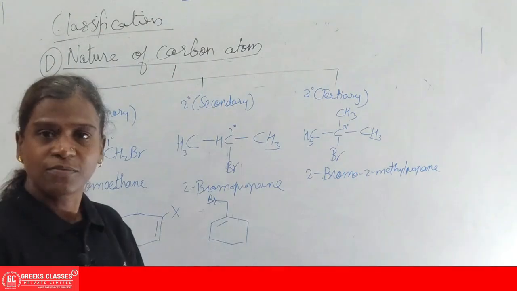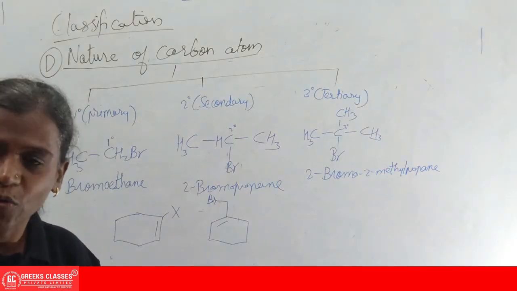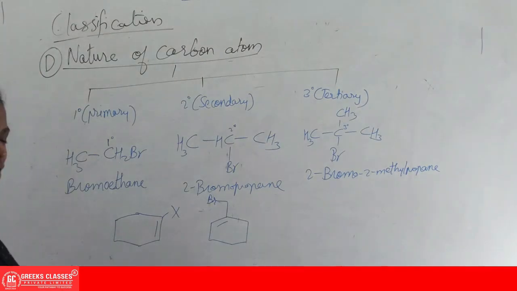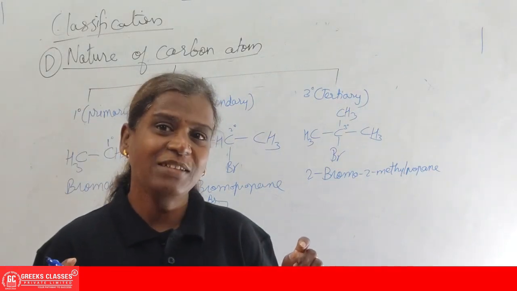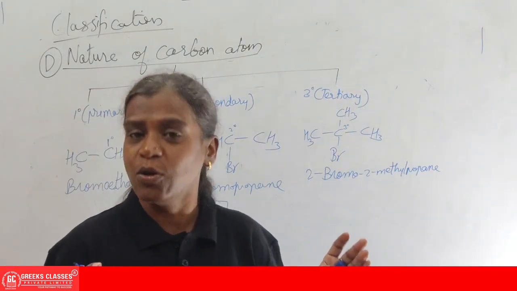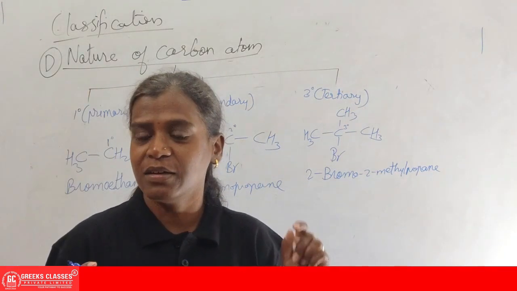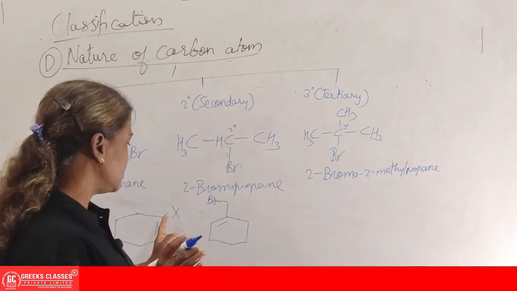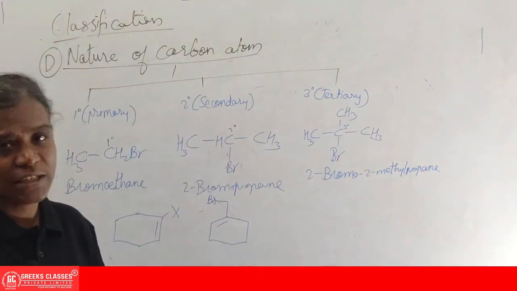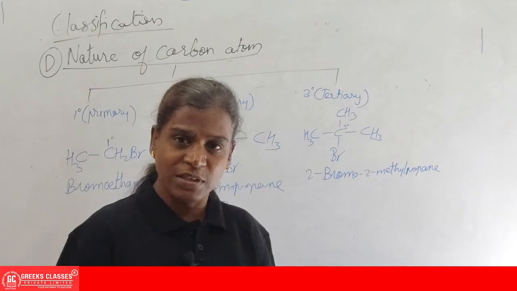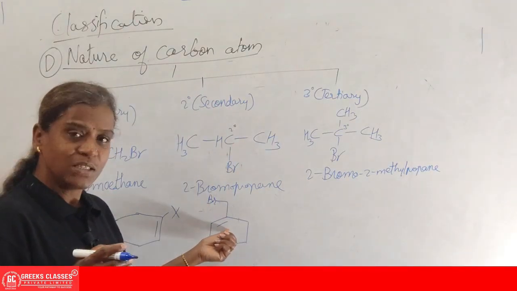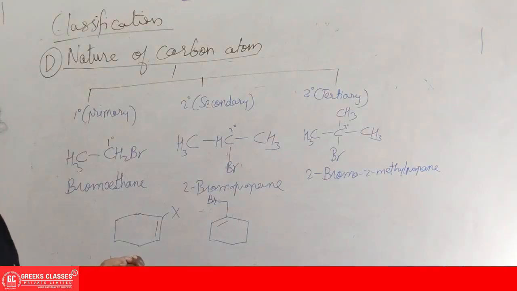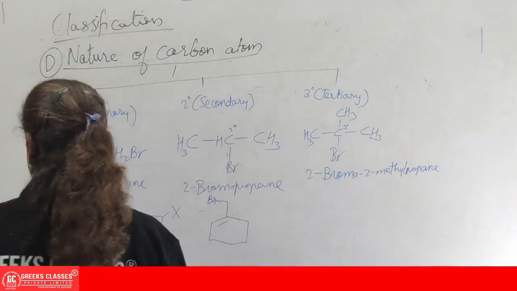And what about this? Yes, that's right. Even though there is a cyclic system, whether the halogen is attached directly to the double bond or indirectly decides the class, that is vinyl or allyl. So obviously this one is allyl and this one is vinyl. Very good, correct.